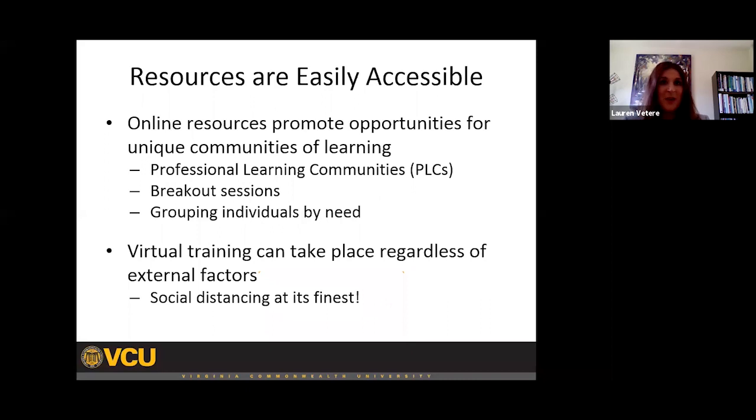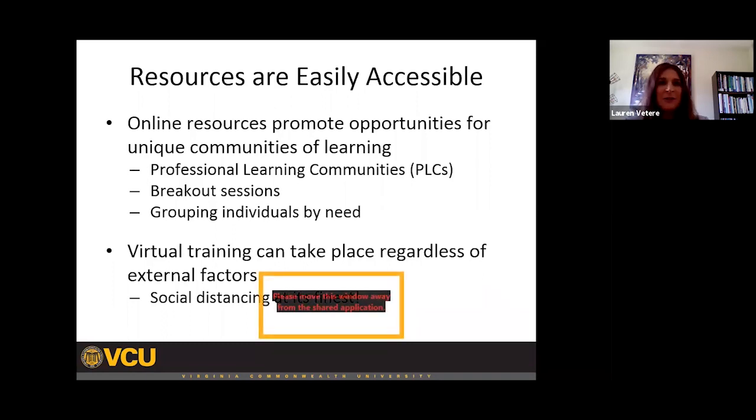So along with being cost effective, creating online resources can promote opportunities for unique communities of learning. During the school day, we often stay within our teams for the sake of time and efficiency. And when we're staying firmly in our lanes, we often miss wonderful opportunities to collaborate with other professionals and learn from them.